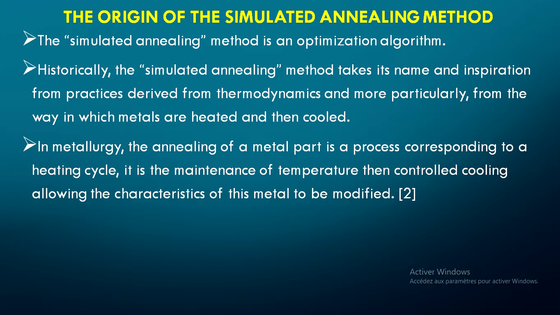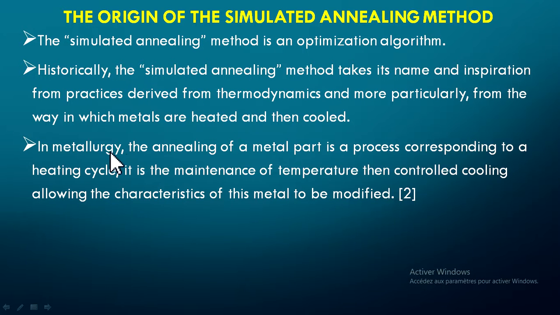So, what is the origin of the simulated annealing method? The simulated annealing method is an optimization algorithm. Historically, the simulated annealing method takes its name and inspiration from practices derived from thermodynamics and more particularly from the way in which metals are heated and then cooled.